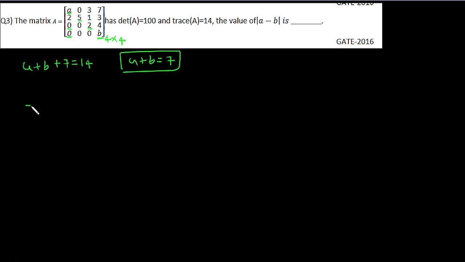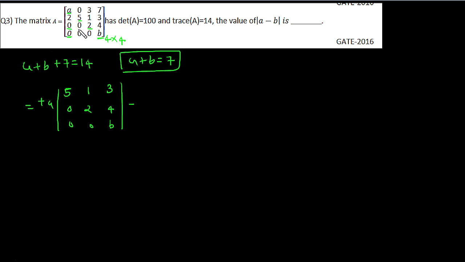So simply write this A, and delete the row and column which contain this element A, that is the first row and first column. We simply end up with this 3 cross 3 matrix. So let's write it here as it is. Now this is the first element, so we have a positive sign.